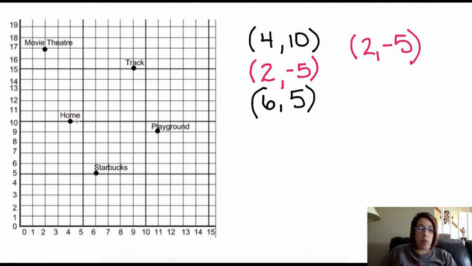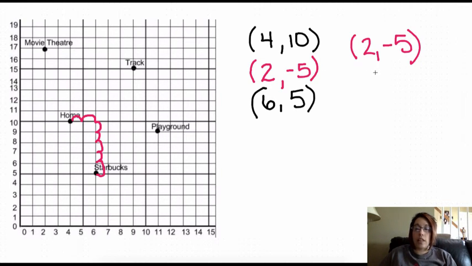This means we went 2 units to the right and we went down 5 units. 2, 3, 4, 5. That's exactly what we did to get to Starbucks.